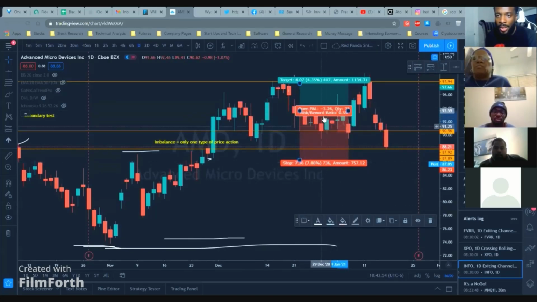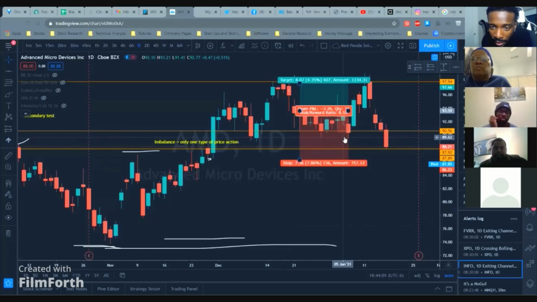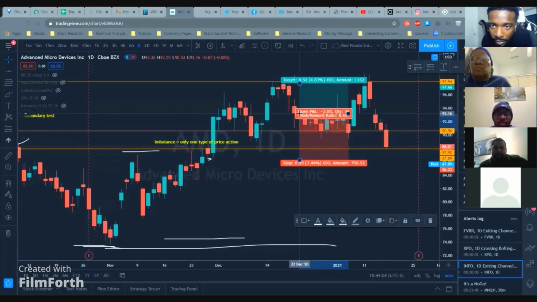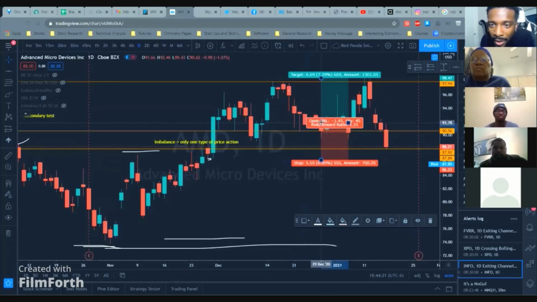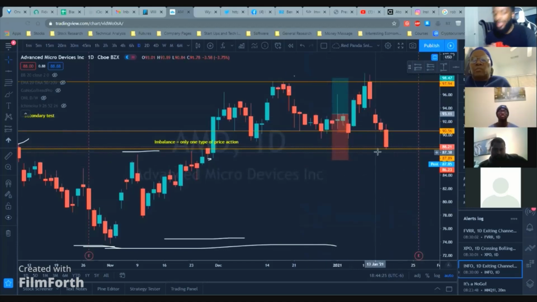So my stop loss is here, but now my risk to reward ratio. Let me see somewhere a little more realistic, if I was to get in the middle of a range, like here. My risk to reward ratio is like a 0.78.